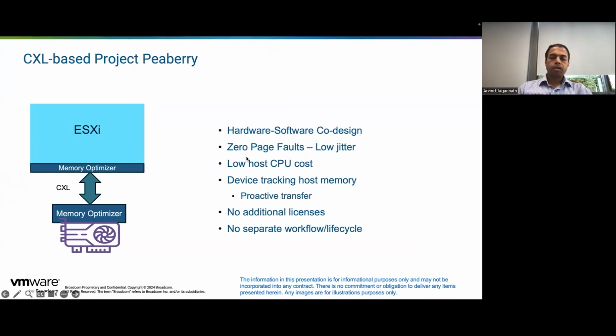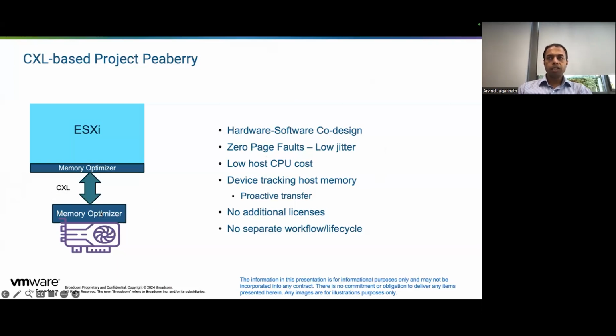Things like zero page faults and the ability to track host memory from the device are really essential features that are coming with the CXL protocol itself. So in essence, we use the CXL protocol to our advantage. There are a lot of good things.